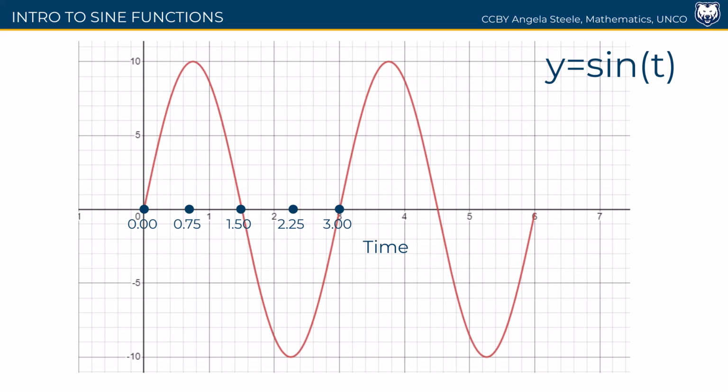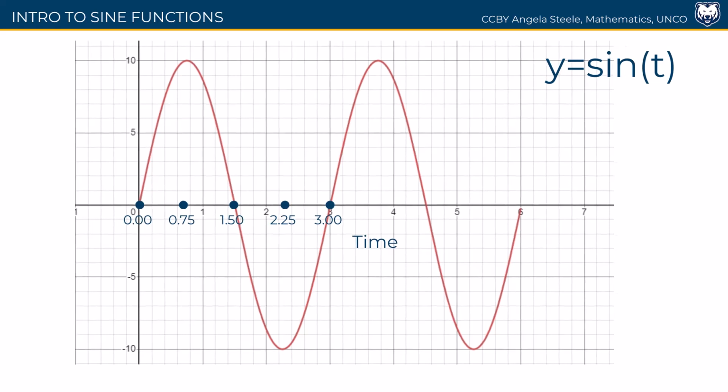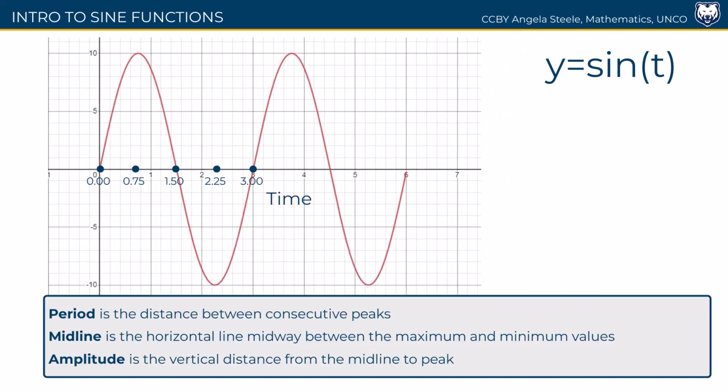All right, so next we want to talk about some characteristics of this function. So 3 terms that we commonly will see are the period, the midline, and the amplitude. The period is just the distance between consecutive peaks. I also like to think about the period as how long does it take to complete one cycle. If we look at our graph right here, 2 ways to think about it.